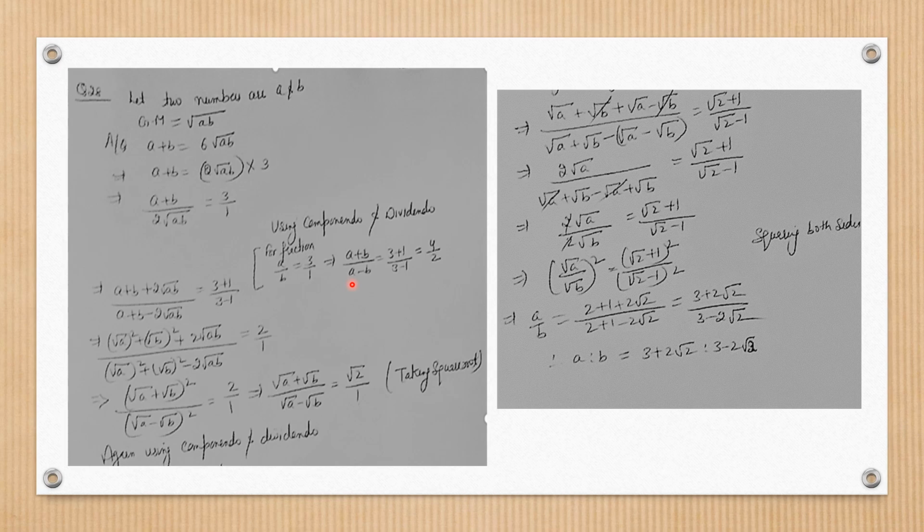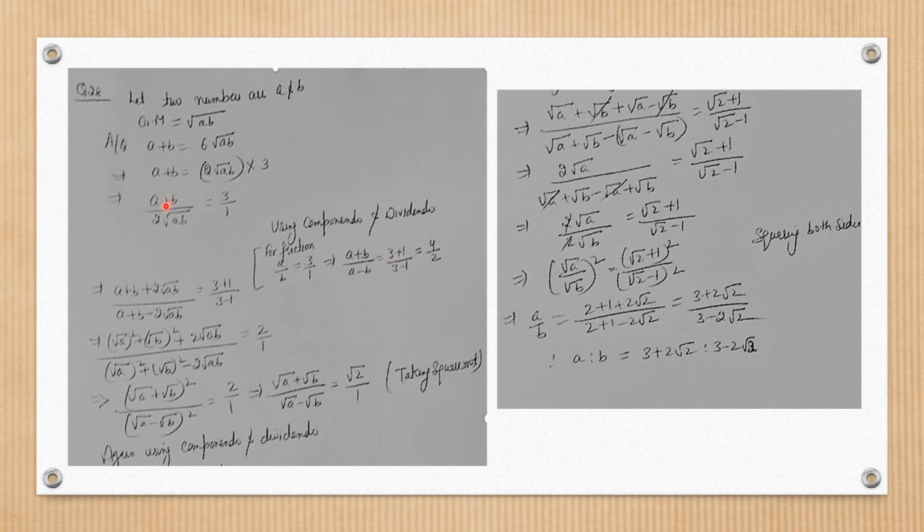Both all together means a plus b, meaning add b to the numerator, divided by subtract b from the numerator. Every time the numerator will be written first. So it becomes (a plus b) divided by (a minus b). So it also becomes 3 plus 1, and in the denominator 3 minus 1. So we get 4 by 2. So this is what we mean by componendo and dividendo.